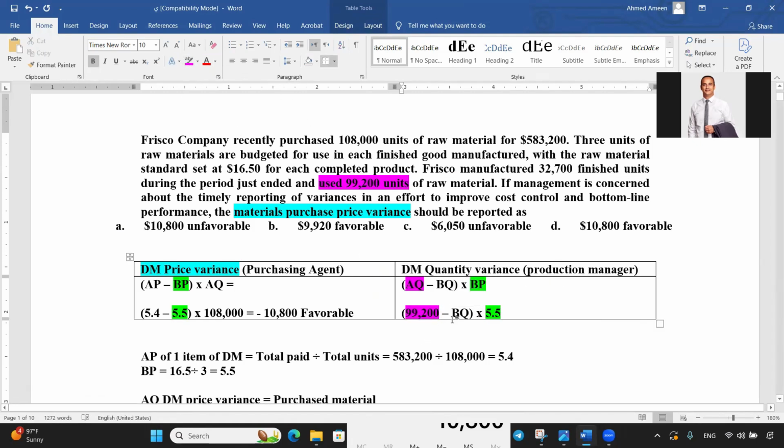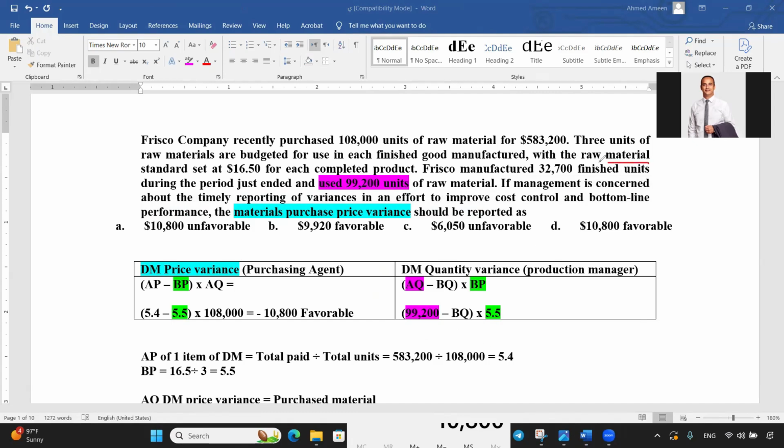Okay. Where is the budgeted quantity? We have finished the lines including any amounts. Here, there are no amounts, he didn't tell me the budgeted quantity. Where is it? The budgeted quantity means the quantity you need to produce these units. I have already produced 32,700 finished goods.